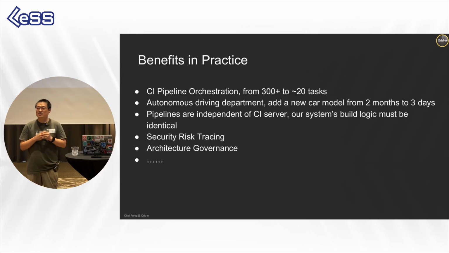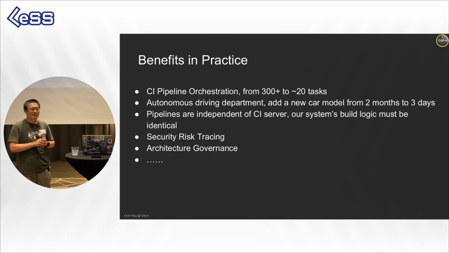First, the CI pipeline orchestration. Our full pipeline, which supports every single code commit, had almost more than 300 tasks in the build pipelines with very complicated dependencies between them. You can imagine how difficult and expensive it is to manage a pipeline of such large scale.